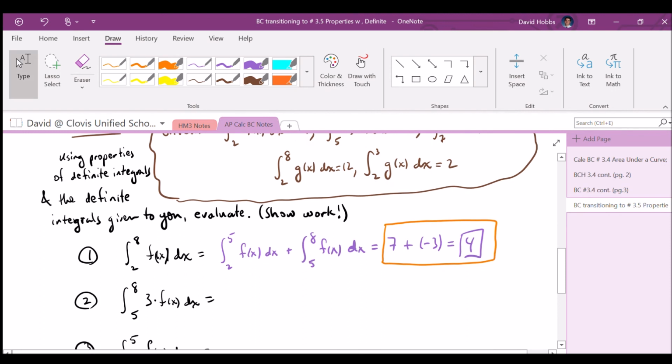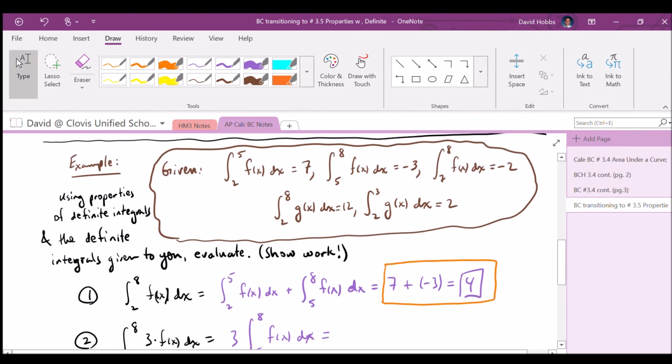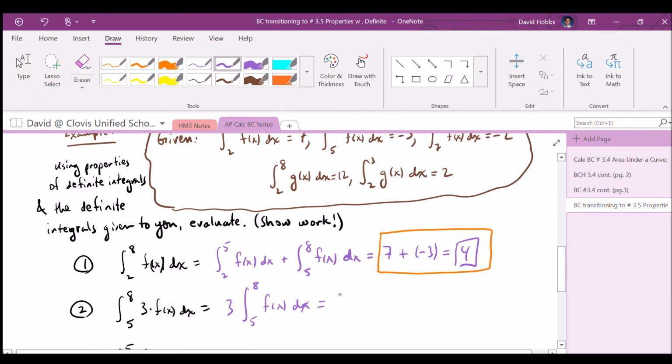Let's see. Definite integral from 5 to 8 of 3 times f of x. Well, this is just 3 times the definite integral from 5 to 8 of f of x dx, which we have, the 5 to 8, so this is 3 times -3 equals -9.